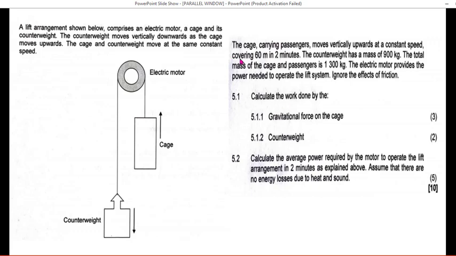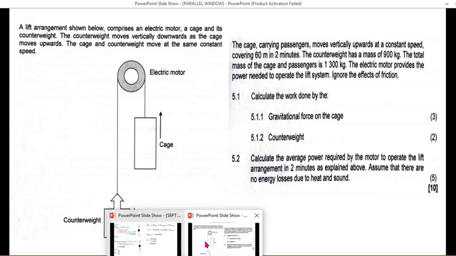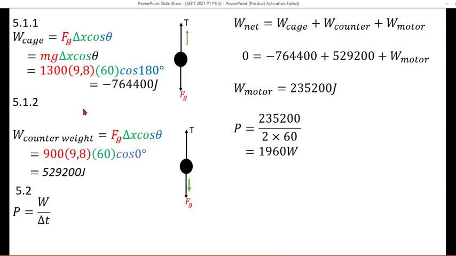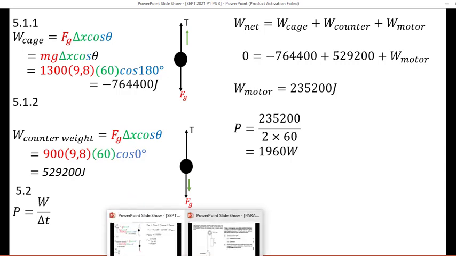So the distance, or the displacement, is 60 meters up. And then, times the cosine, which is cos 180, when we use our calculators to evaluate this, we get negative 764,400 joules.